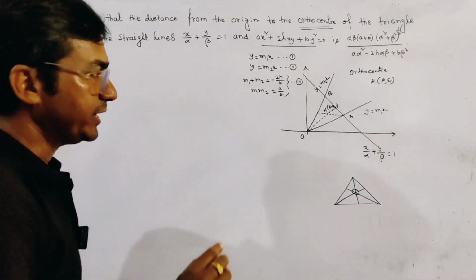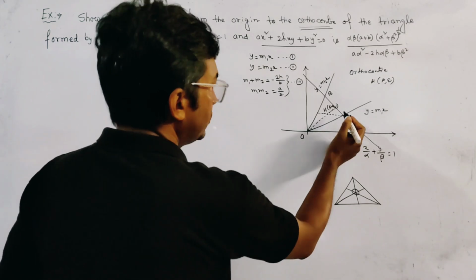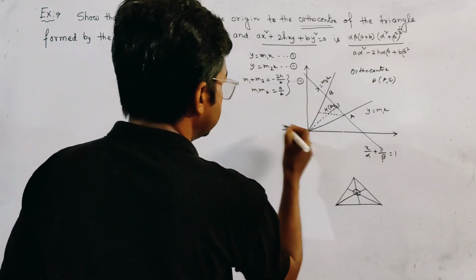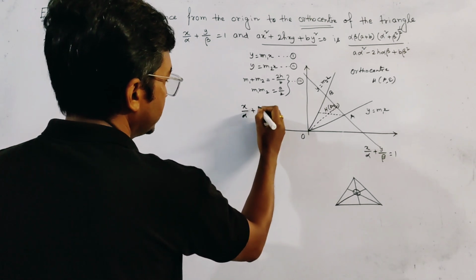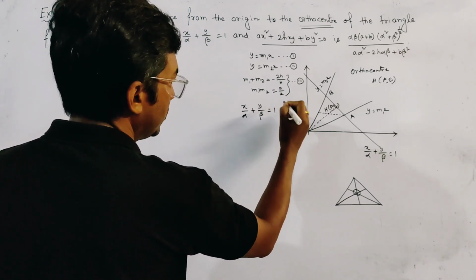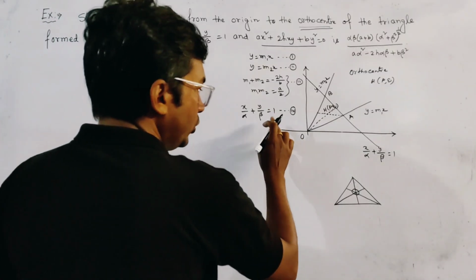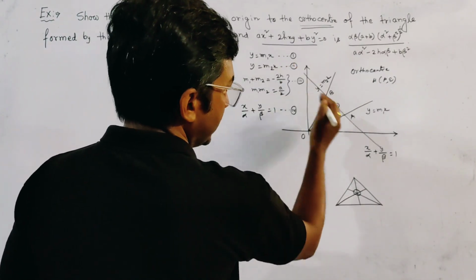Now we first find the point of intersection of the line x/alpha + y/beta = 1, which we name relation number 4, with line 1.